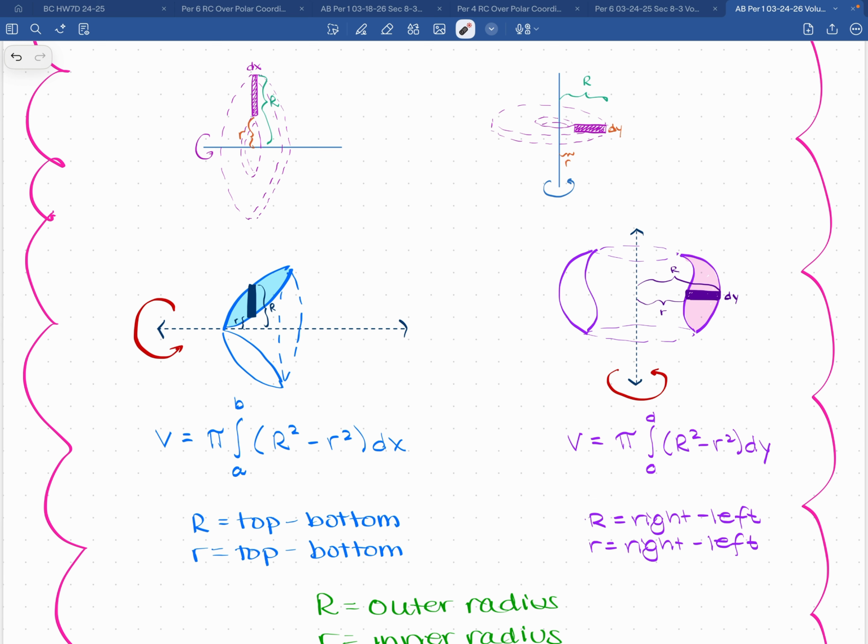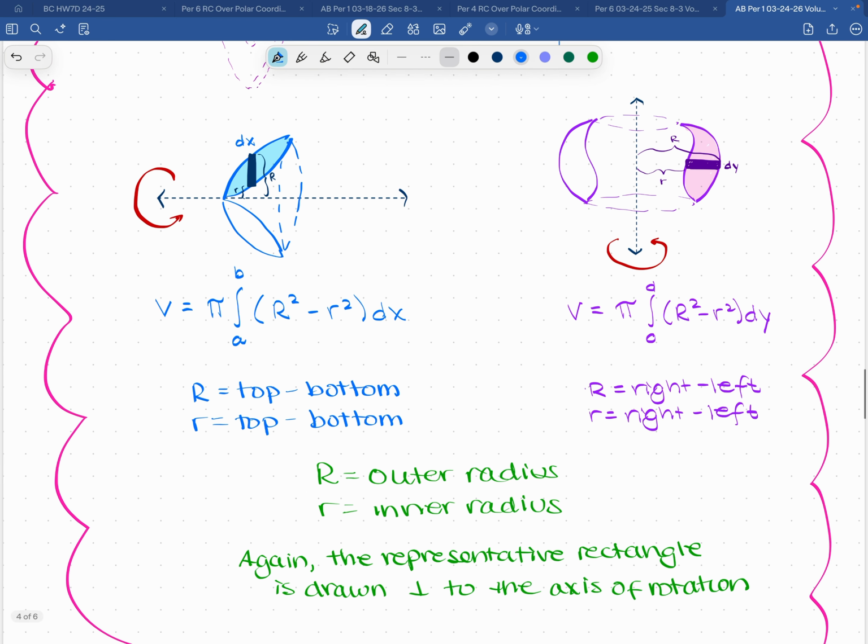But remember, the formula for the volume of a washer was pi, and then big R squared minus little r squared, and then h, which is our dx, or pi big R squared minus little r squared, and then h, which is our dy. And here, let me go ahead and actually put dx right here on this picture. And then once again, representative rectangles are always perpendicular to the axis of rotation.